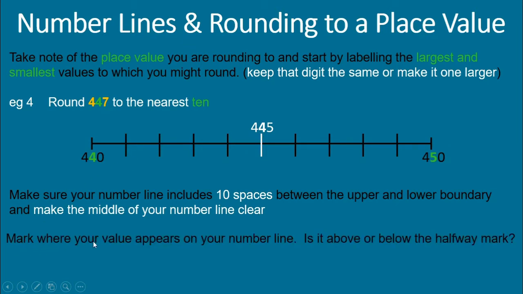Next, mark where your value appears on your number line. Is it above or below the halfway mark? Remember that this number line was split into 10 equal spaces, and I counted them for you. This is 440. This is 1, 2, 3, 4, 5. This is 445.